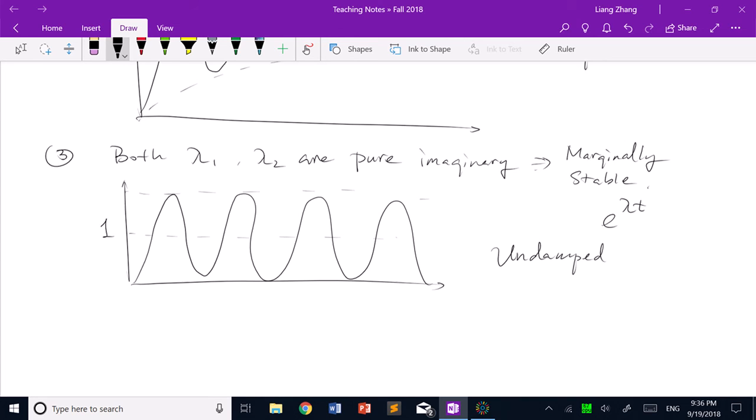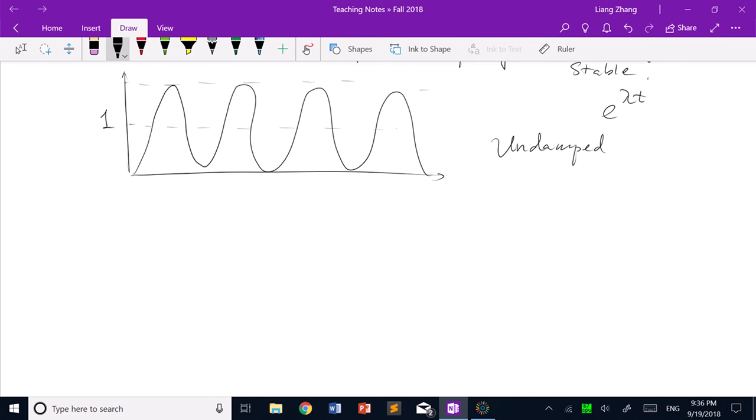This is sometimes called the undamped case. And there's no damping at all. Just the oscillation will remain and have the same amplitude forever. Okay, that's the third case.